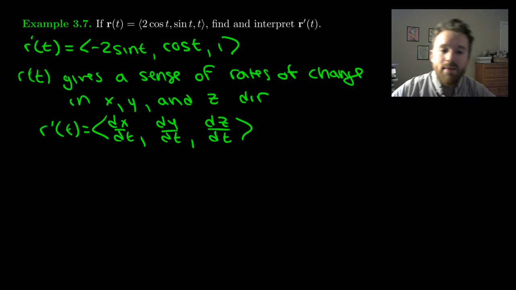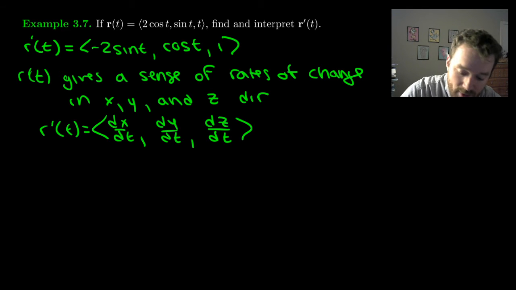If you think way back to Calculus 1, this means that a small bump in t causes x to change by dx dt. A small bump in the t direction causes a point to move dy dt in the y direction, and a small bump in my t values causes z to change as dz dt.